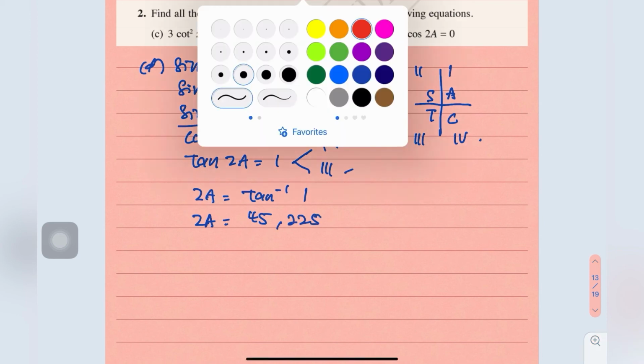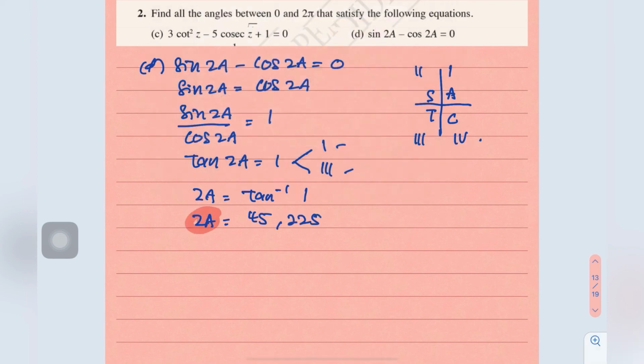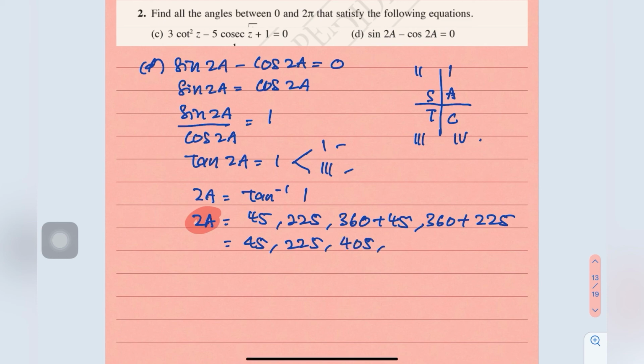Since this is 2a, meaning 2 cycles, we add 360 to 45 and 360 to 225, so we have 45, 225, 405, and 585. These are the values of the angle 2a.